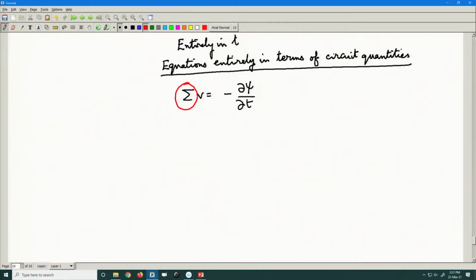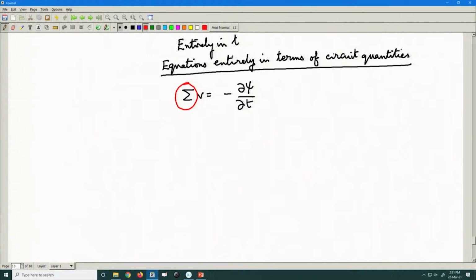It denotes the summation over a closed contour for a line integral quantity, and summation over a closed surface for a surface integral quantity.